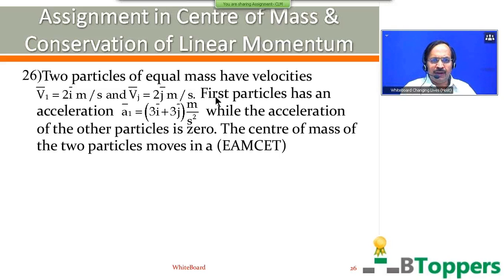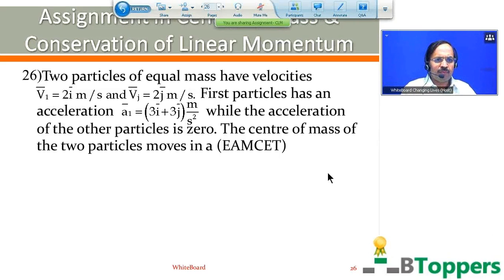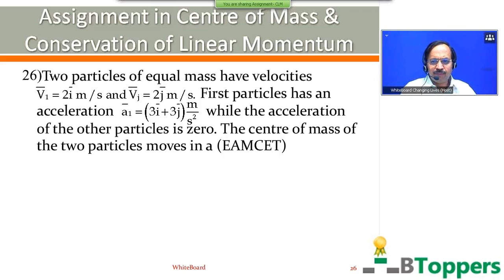Two particles of equal mass have velocities v1 equal to i meter per second and v2 equal to 2j meter per second. The first particle has an acceleration a1 equal to 3i plus 3j meter per second squared, while the acceleration of the other particle is 0.